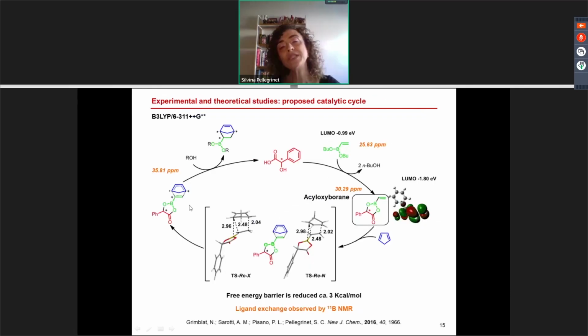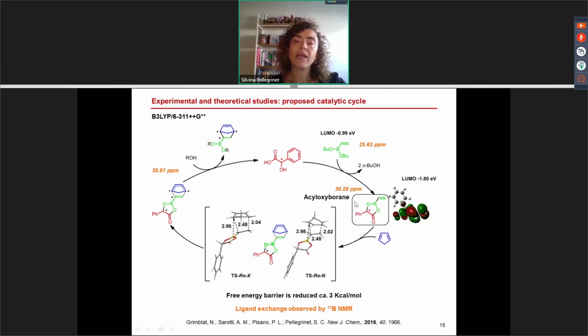We also did a theoretical study of this reaction, and here is the full catalytic cycle, but I want you to focus on the first step, in which the initial boronate undergoes transesterification to give this acyloxyborane, and this transformation can also be observed by boron NMR.